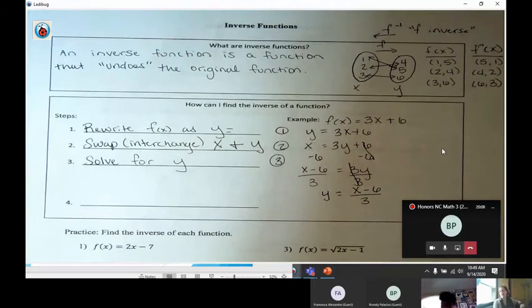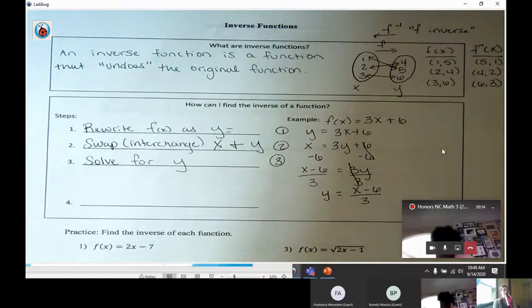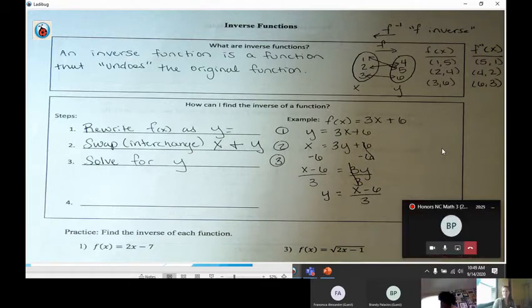What questions do you guys have about that step? Okay, there are no questions.